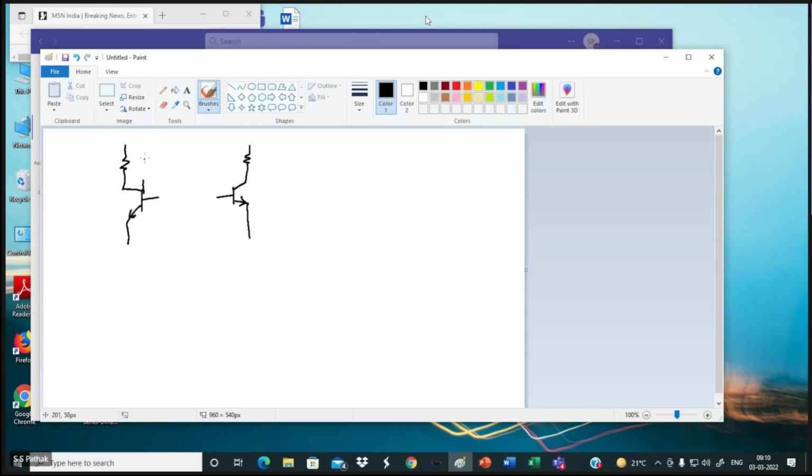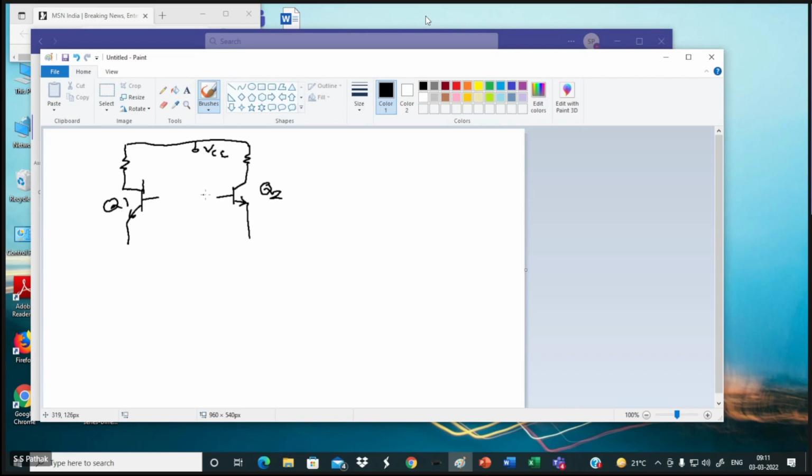Then our supply is the same thing as your VCC. This is my VCC because it's an NPN transistor, so it is V plus VCC. Now, as usual, this is my Q2, for example. I'm talking of bistable. This is my transistor Q1.